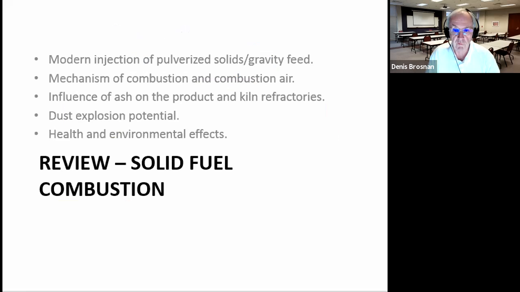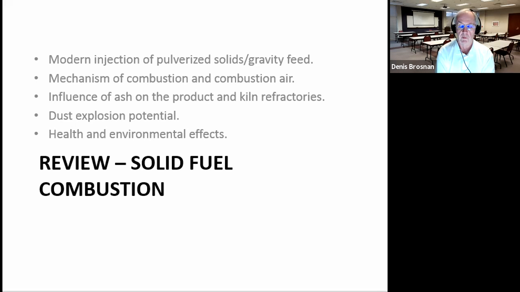Just a moment of review. With solid fuel combustion last time, we talked about modern systems that use pulverized solids, and we convey those to burners in the kiln. This material is usually injected or dropped by gravity into the kiln and burns using the air coming down the tunnel in the kiln.